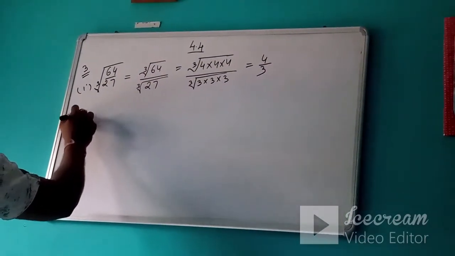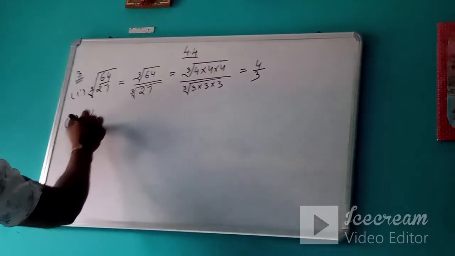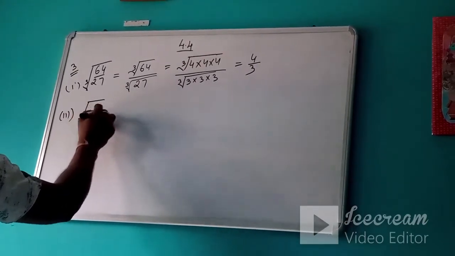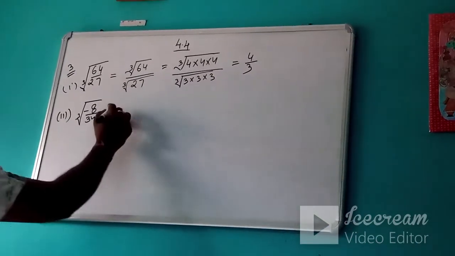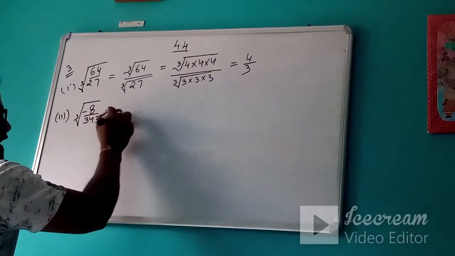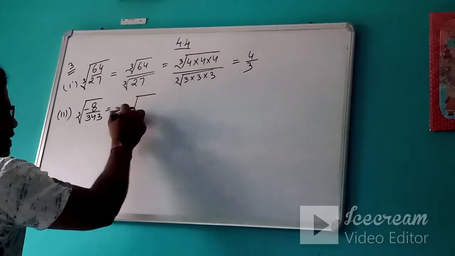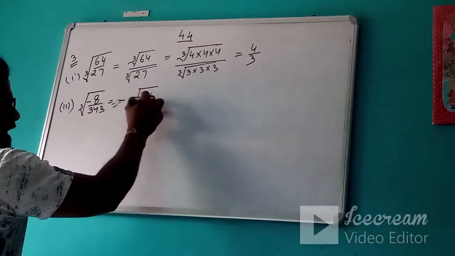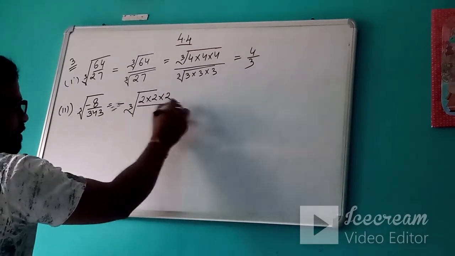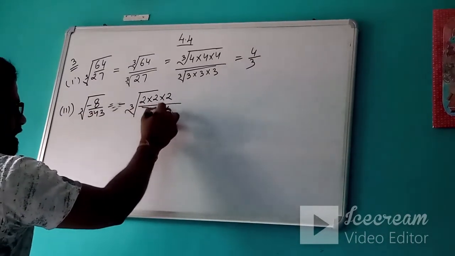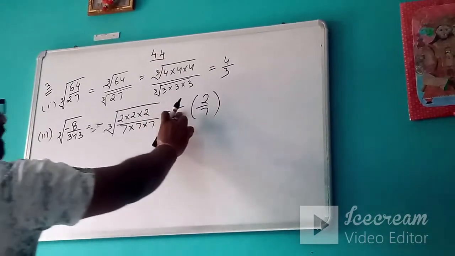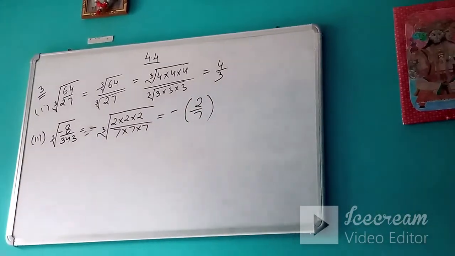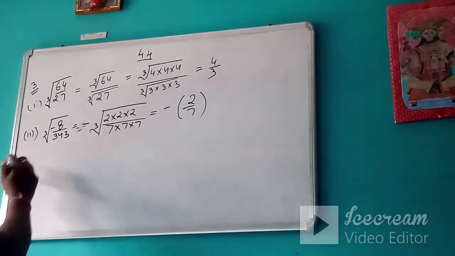Or if the number is negative, we take the negative sign out. Then 8 we write as 2 into 2 into 2, and 343 as 7 into 7 into 7. So your answer will be minus 2 upon 7. Like this you can find the cube root of rational numbers.